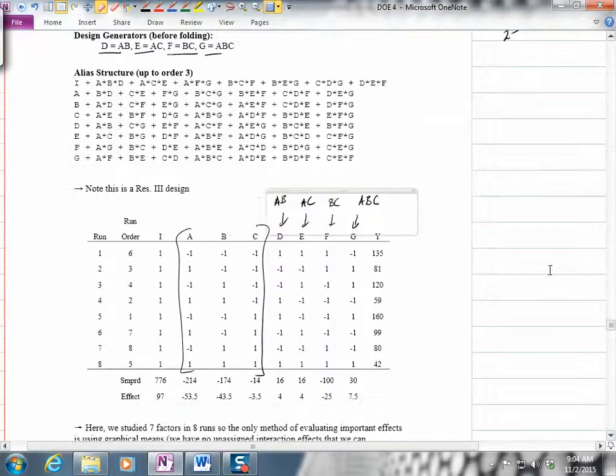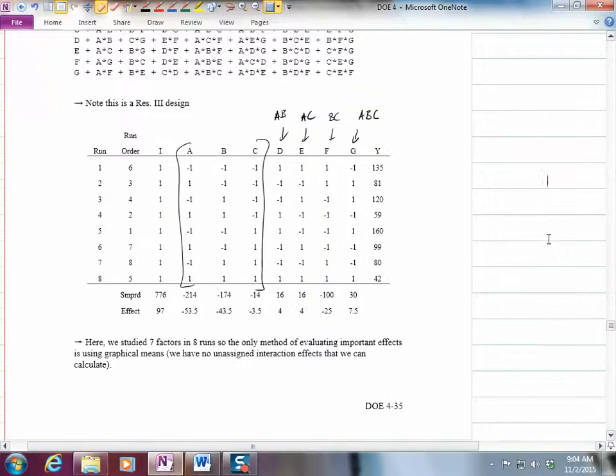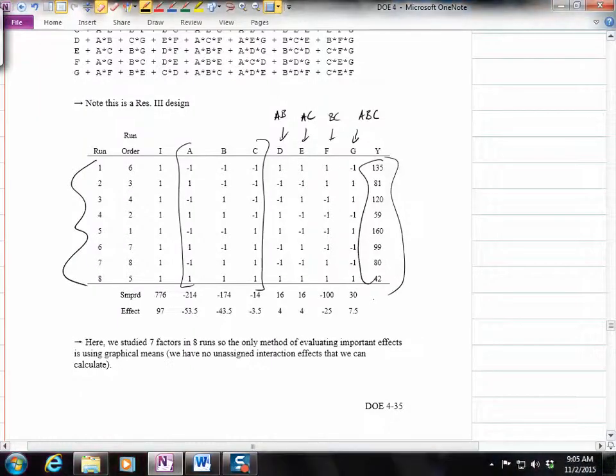So that means that for 8 runs we have 7 factors and a mean, so there's nothing more we could really do to saturate this design further. So we're trying to get a lot out of these 8 runs. We run the experiments, no replicates, and we calculate effects at the bottom of those columns.